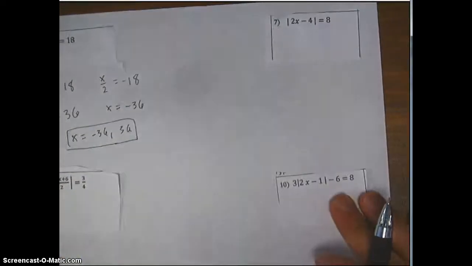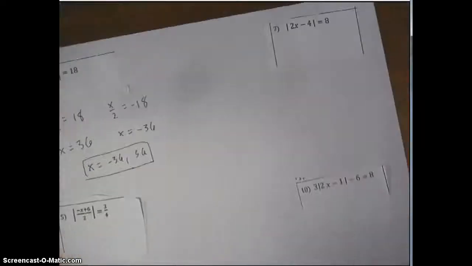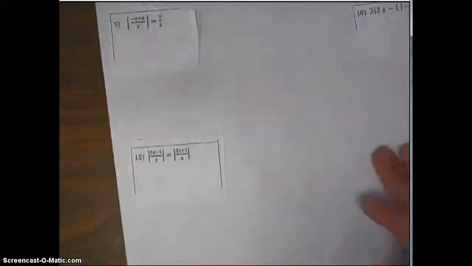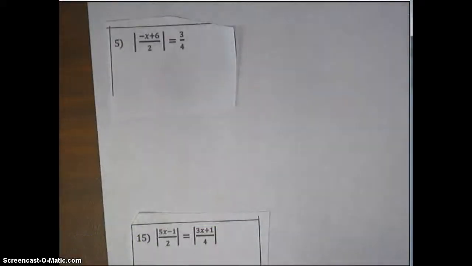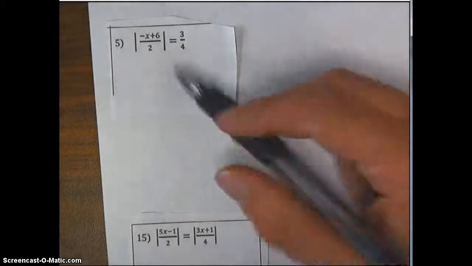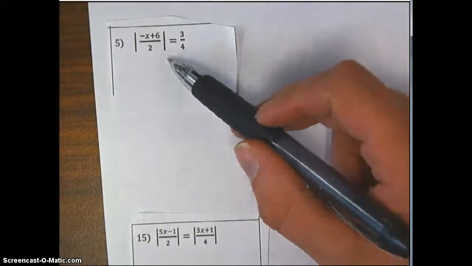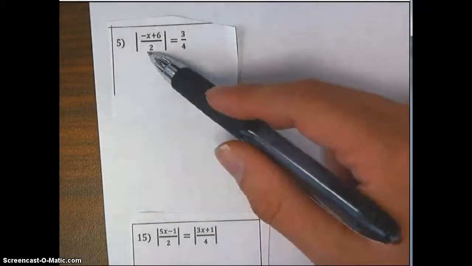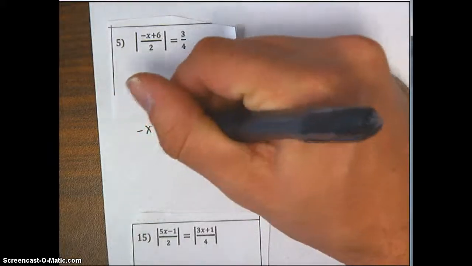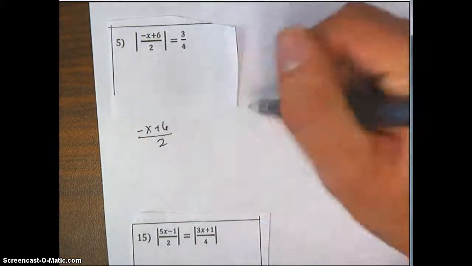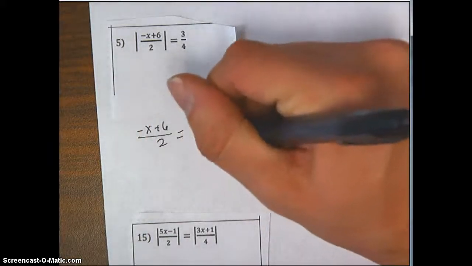Right here first. I'm going to zoom in a little. Same process here. We're going to take the insides here, do negative x plus 6 over 2 equals 3/4.